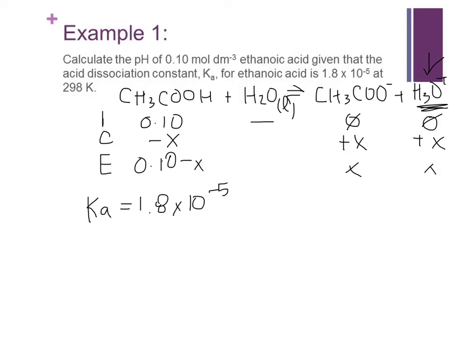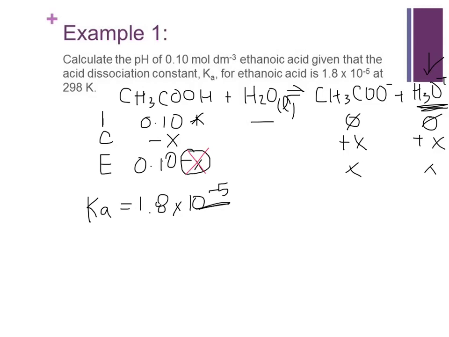Now this is a very small number. If we were to apply our assumption like we did in our previous equilibrium problems, we would see that our Ka is much smaller than our initial concentration of ethanoic acid, meaning that the initial concentration of ethanoic acid is going to be approximately the same as the equilibrium concentration of ethanoic acid.